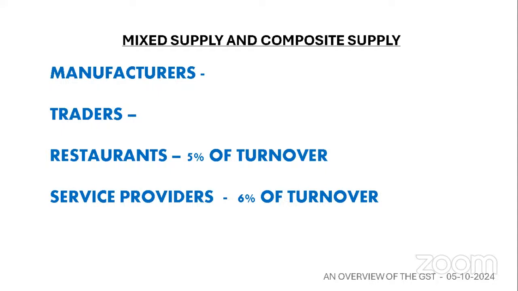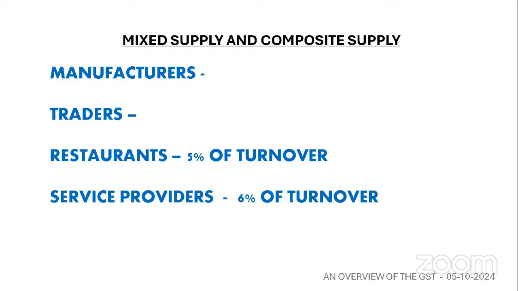Now, composite supply is a concept where I'll give an example. If you go to a restaurant, you will order idli. Idli comes along with chutney and sambar. So there are three supplies in this particular supply: one is idli, the other is chutney, and the other is sambar.